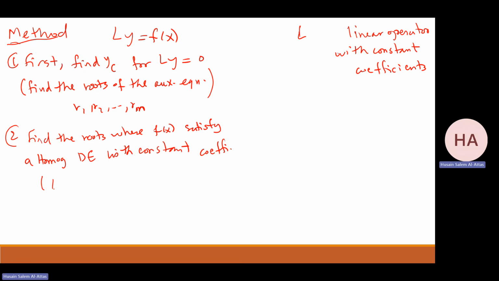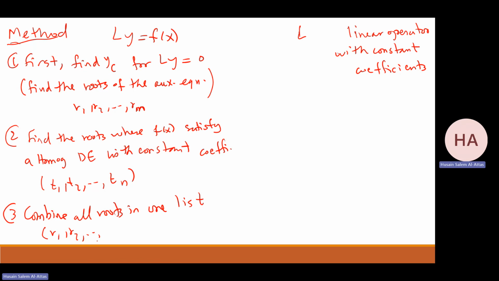Let me call those roots T1, T2, up to Tn. Then combine all roots in one list. This is the method. So I have now R1, R2, up to Rm, and T1, T2, up to Tn.